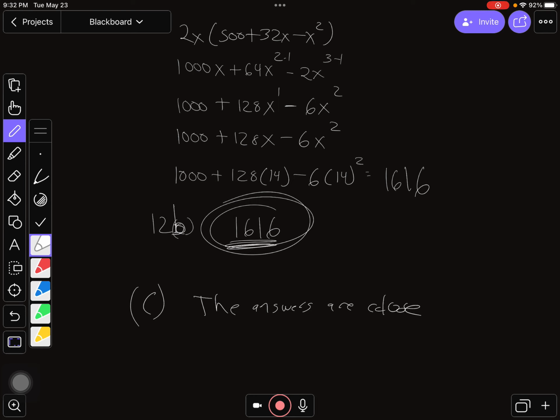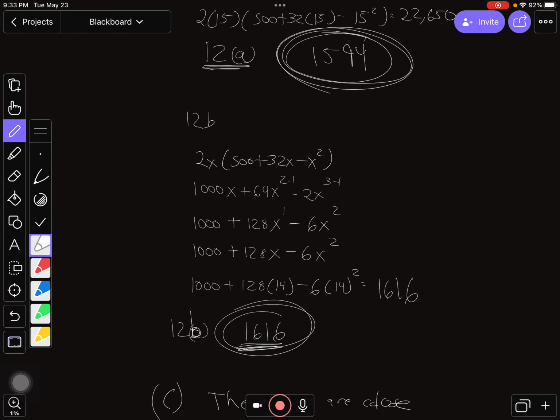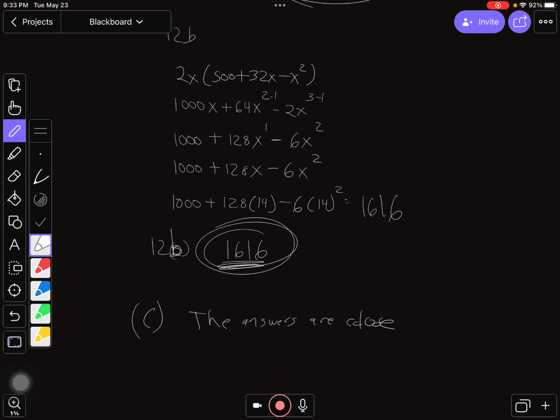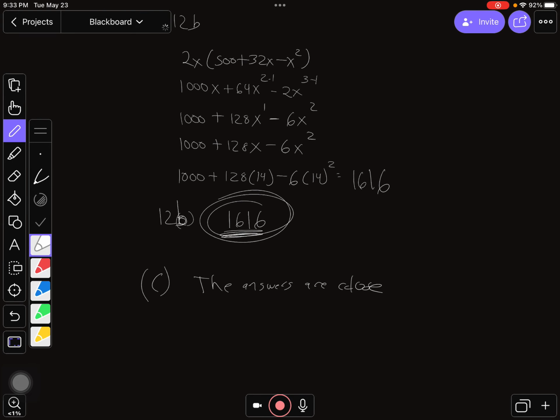And to tell you what's going on there, in Part A you are finding the exact additional revenue. That is exact. It is 1594. In Part B, you're using the derivative to estimate that marginal revenue. When you're using the derivative, it's an estimate. And as we can see, that estimate is pretty close. 1594 is pretty close to 1616. So for C, the answers are close.